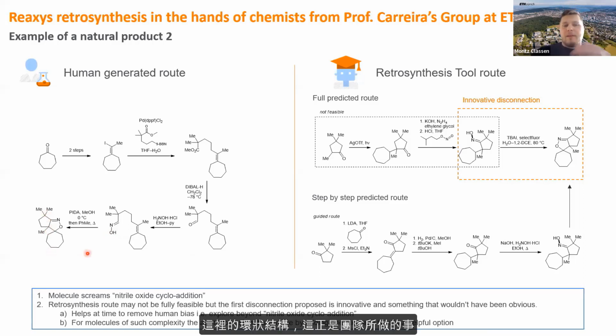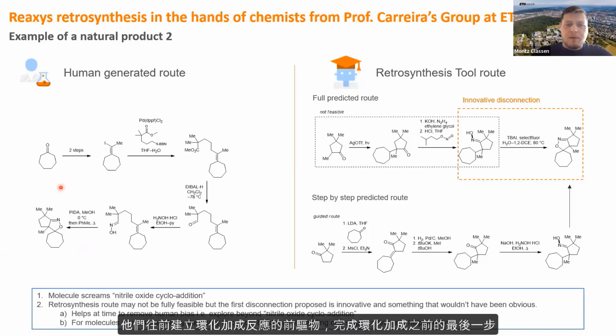And this is exactly what the group did. They moved forward, built up the cycloaddition precursor, and then as a last step, performed this cycloaddition here.